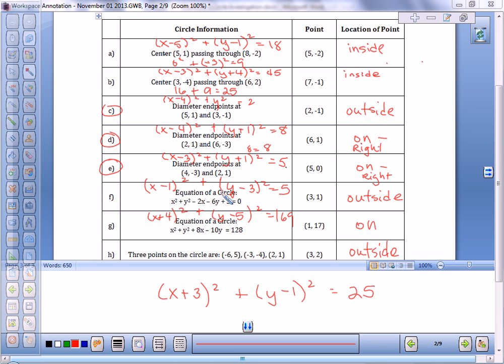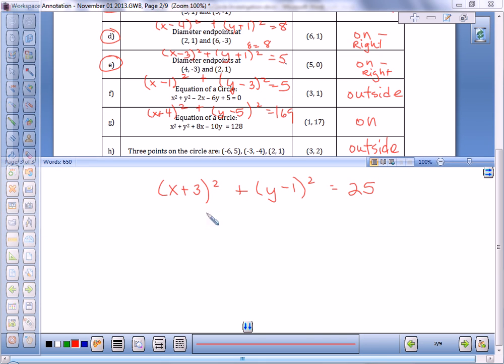I just added incorrectly. On H, what did you get when you plugged in 3, 2? I got 36 plus 1 is greater than 25. So it's outside. Okay. Any other questions?